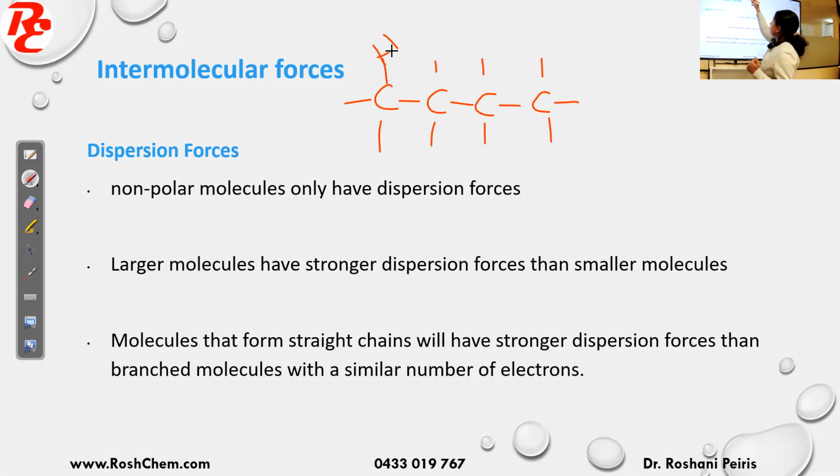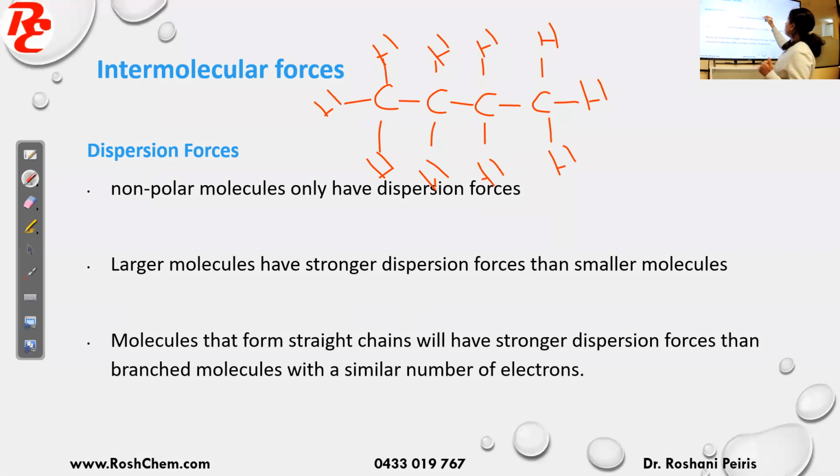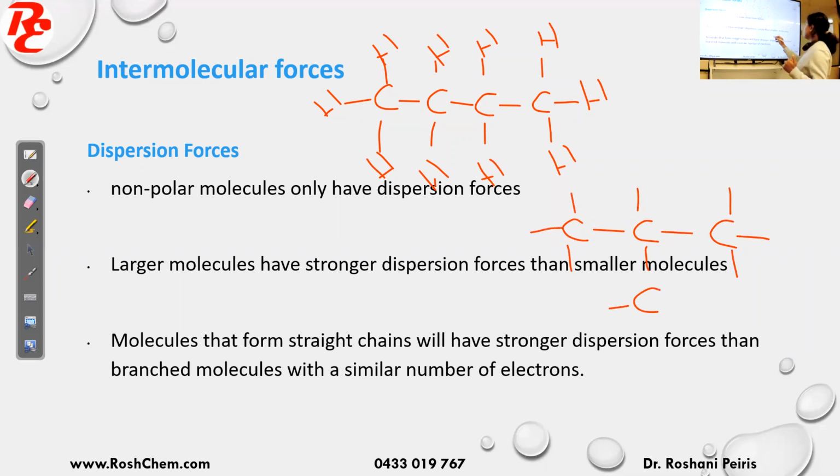So these are the hydrogens. And the other one is a branched one, but that one will also have the same number of atoms, which means the same number of electrons, right?